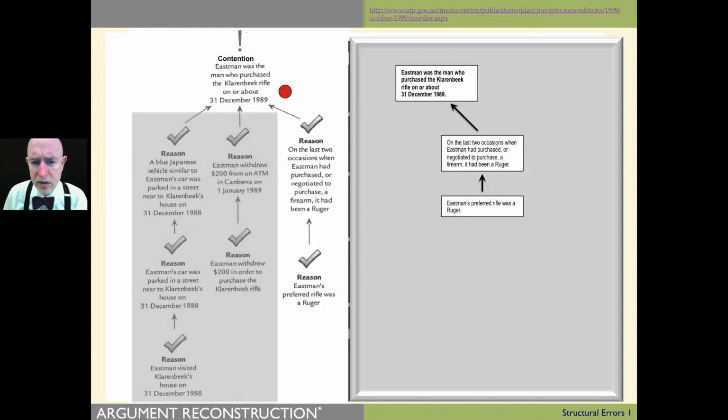And in court, one line of reasoning was here. On the last two occasions when Eastman had purchased or negotiated to purchase a firearm, it had been a Ruger. And the other reason, as it's called here: Eastman's preferred rifle was a Ruger.